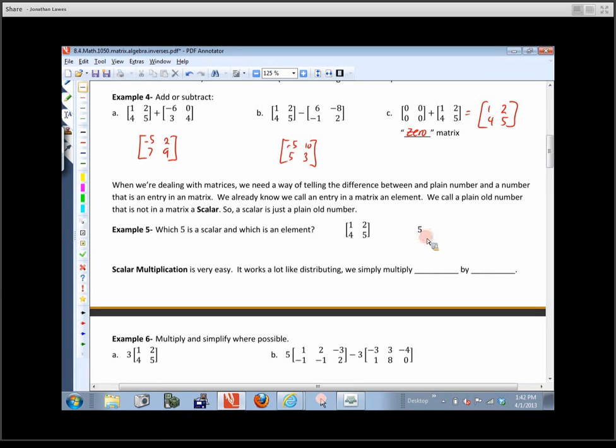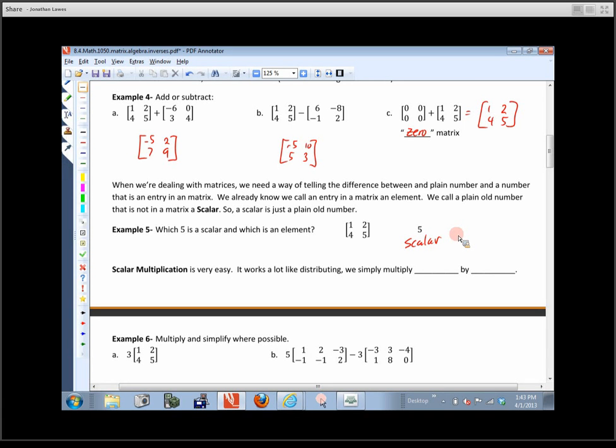It's just a plain old number. This one is an entry or an element in a matrix in some bigger scheme of things, okay? So those 2 5s are not the same. We want different names for those, okay? So if we're dealing with a plain old number, we call this a scalar. And we actually use the word scalar in more applications than just with matrices.